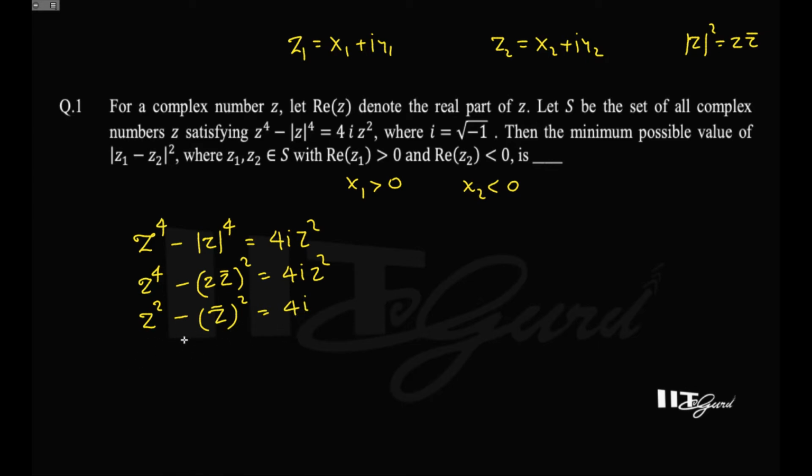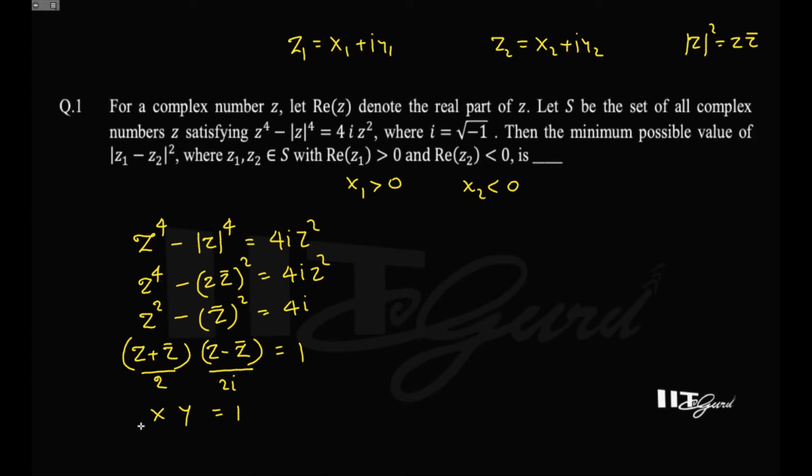Applying the square difference formula, that is (z plus bar z) and (z minus bar z), and if you divide, we write 2x and 2 iota y, and here it becomes 1. So this becomes x and this y.